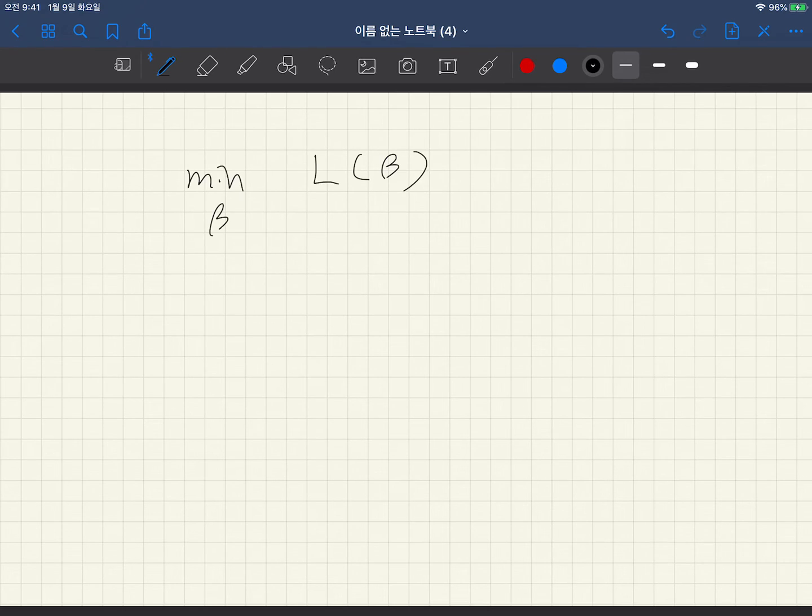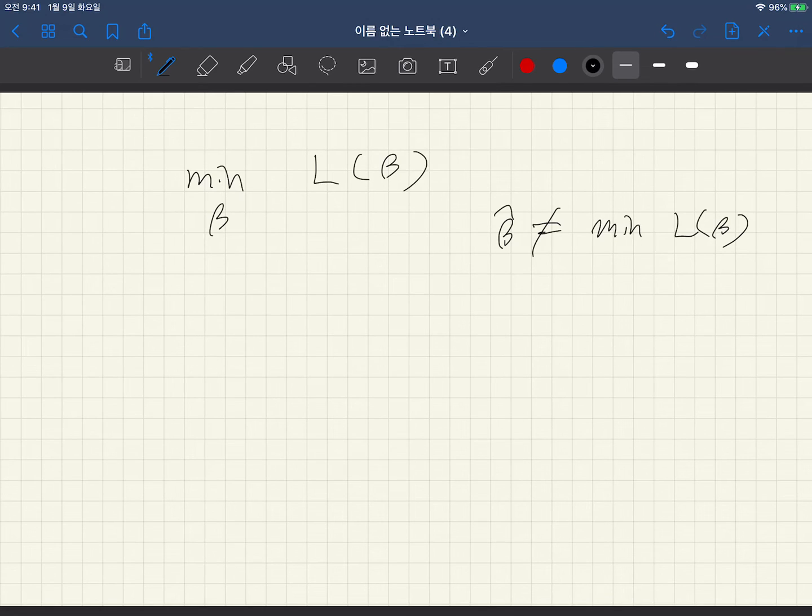But in practice, sometimes it is almost impossible to find the beta that minimizes the loss function. Especially nowadays with deep learning, it is impossible to find a beta hat that really minimizes the loss function. So we usually have a beta hat which is not the minimum value of the loss function.